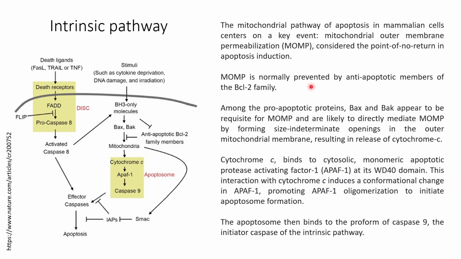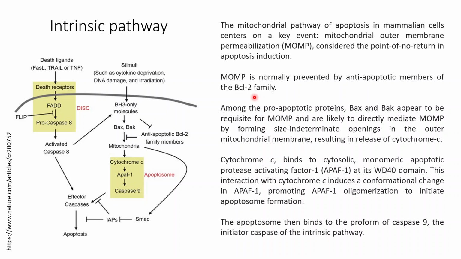Typically, MOMP is normally prevented by anti-apoptotic members of the BCL2 family. You guys read about the BCL2 family, right? There are anti-apoptotic members, pro-apoptotic members, and the BH3-only members that are mediators between these various signals.